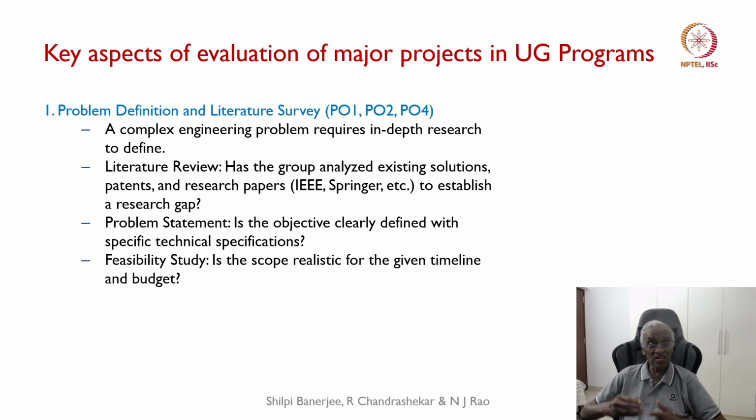So all these features will have to be done in one of the phases, that is problem definition and literature survey. And while doing this, you will be addressing PO1, PO2, and PO4.